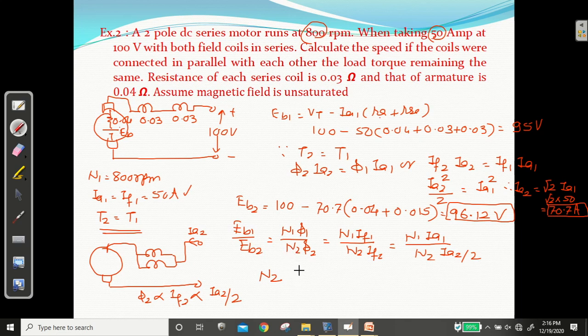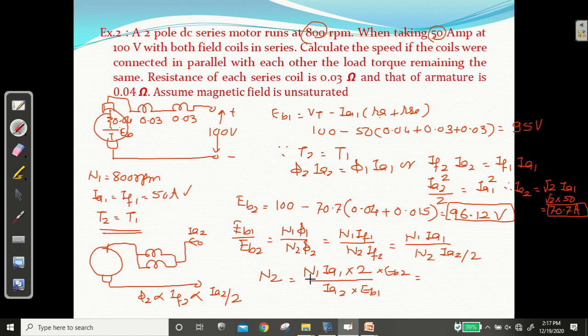N2 equal to N1 IA1 into 2 upon IA2. When this N2 comes here, what remains here? N1 IA1, and divide by 2 goes up, so 2 into IA2, and here goes EB2 upon EB1.